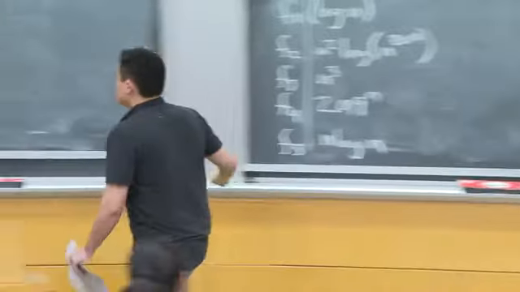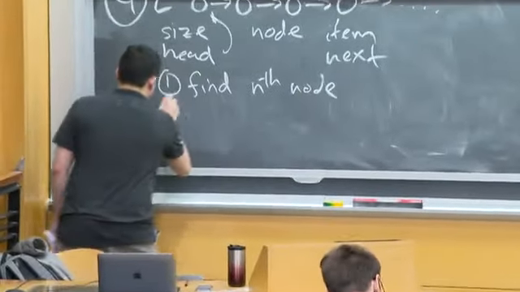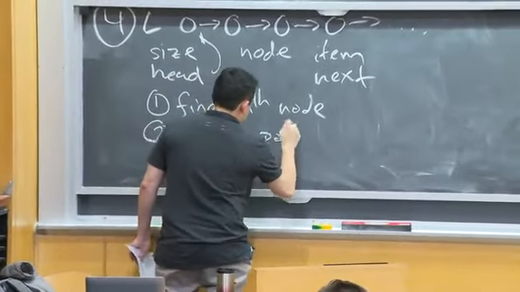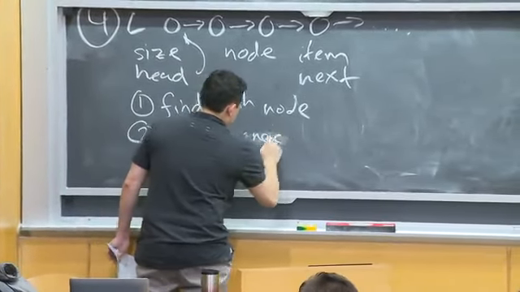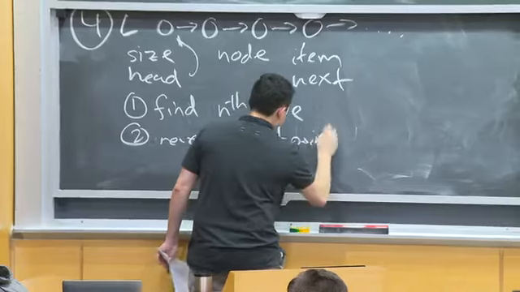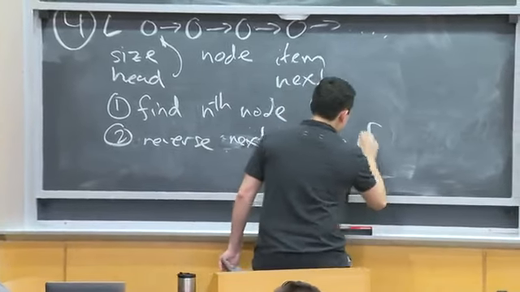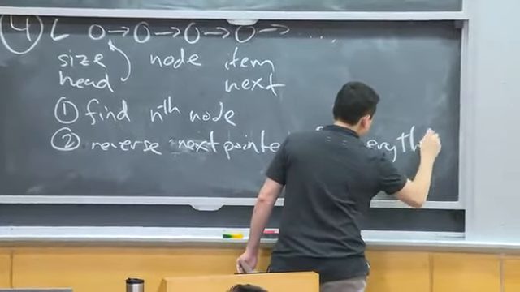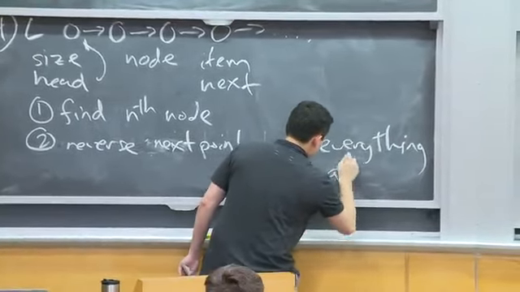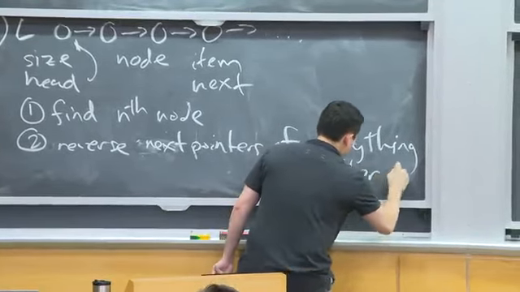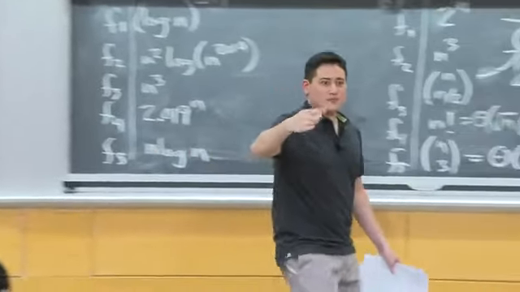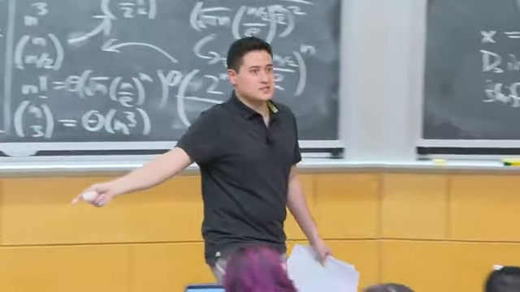So second thing, reverse, I guess, the next pointers of everything after the nth node, right? The nodes n+1 to 2n. Does that make sense?